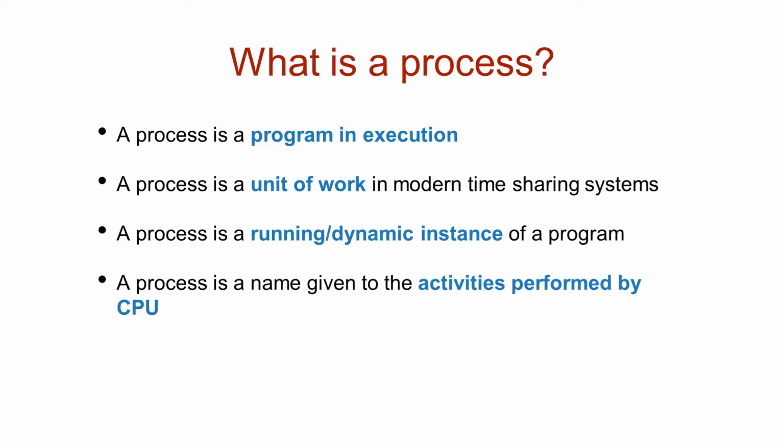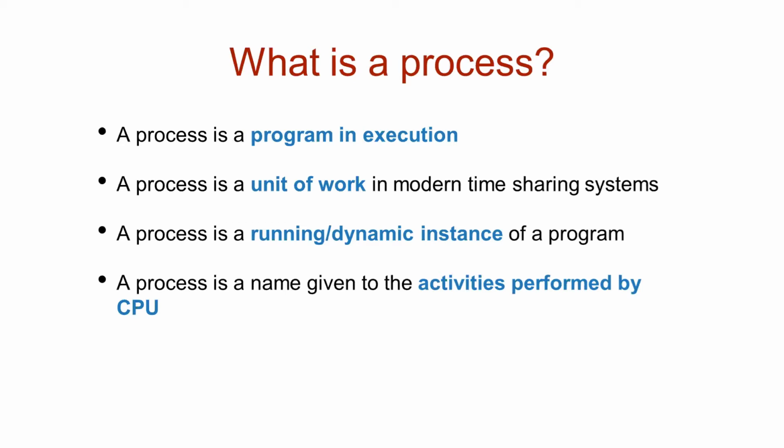A process is a name given to the activities performed by CPU. So what we understand from all these definitions is a process is a program which is currently being executed by a CPU, and a process is execution of all the instructions which are written in a program.